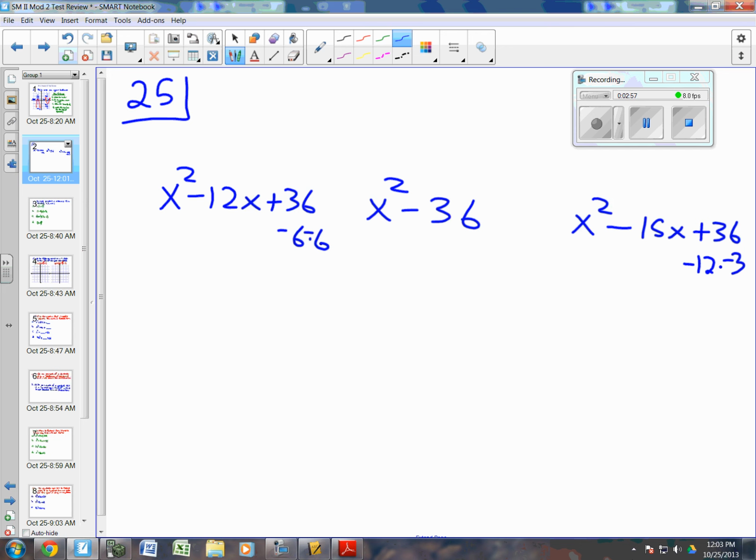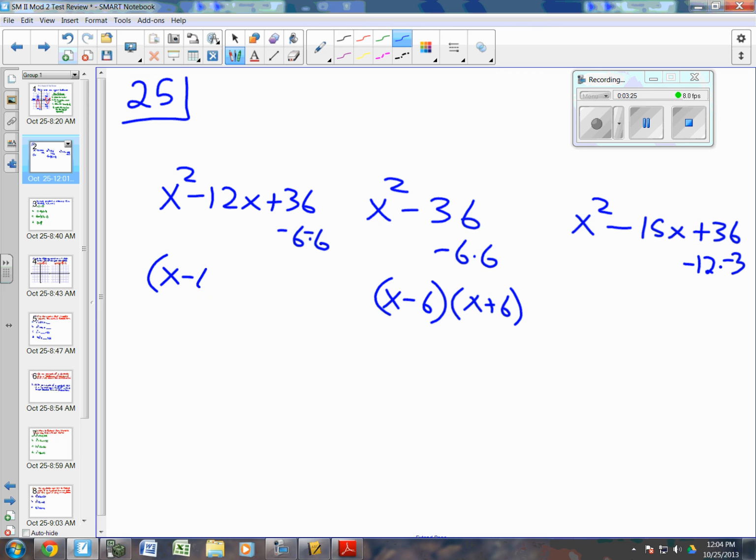Now, what about this one right here, the middle one? It doesn't even have a middle term. It actually has a middle term. It's just 0. So they have to add up to that. Well, how do you do that? Yeah, and since this is a negative 36, we know that one of these has to be negative, one has to be positive, so that when we multiply, like x minus 6 times x plus 6, see, let's write these down.